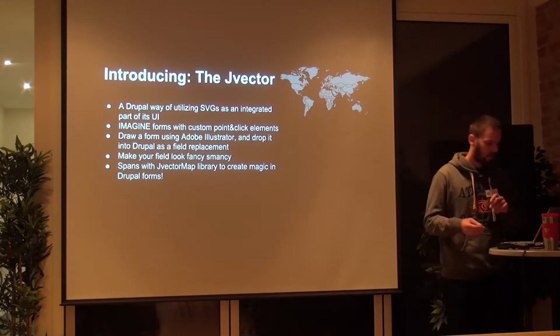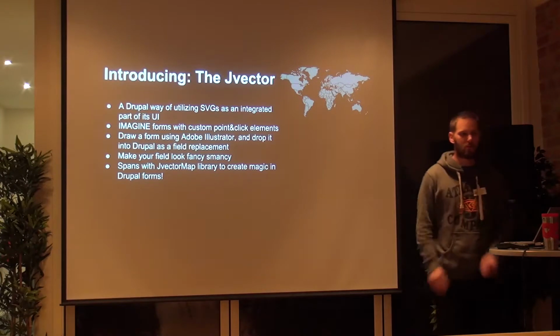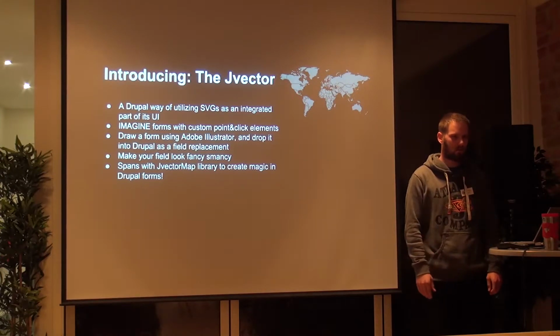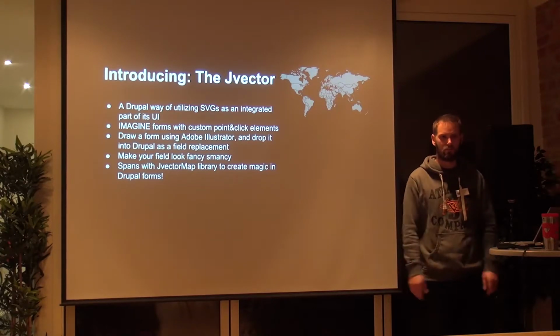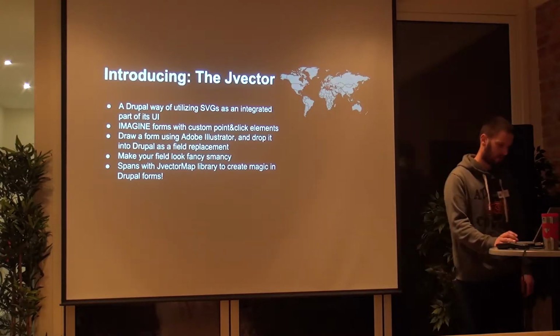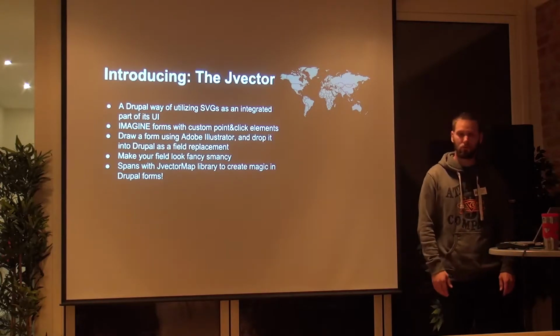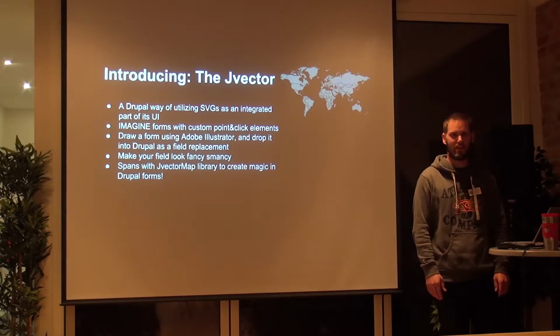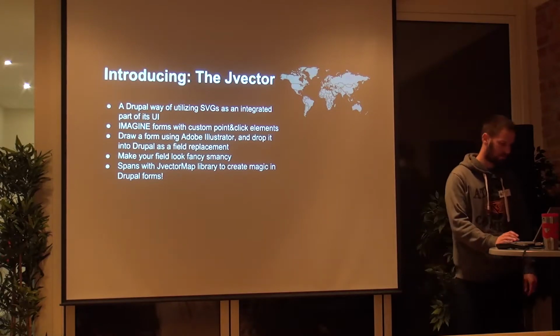And you can imagine things and draw it, and you can make the user select things by looking at the picture instead of a drop-down. You can use Adobe Illustrator or whatever you want. You can use the open source little thingy SVG edit if you want that, to make these dots and lines.